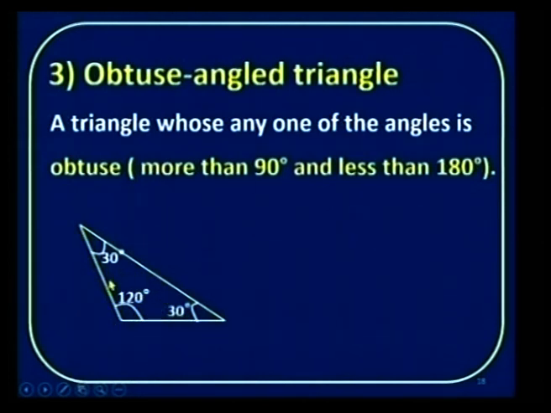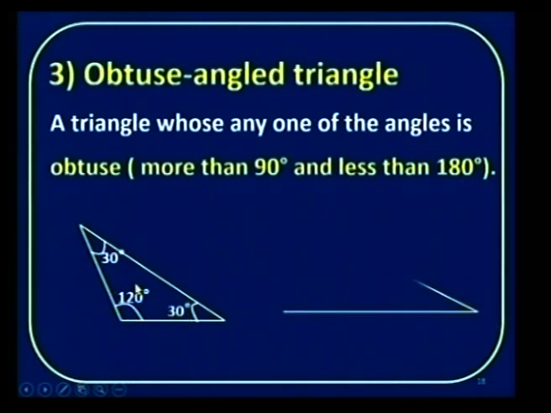Is this 120 degrees an acute angle? No, because it is more than 90. Is this 120 degrees a right angle? No, it is not equal to 90 degrees. Can we call it as an obtuse angle? Yes. Why? It is more than 90 and less than 180. And here two angles are equal. So, it is also called isosceles triangle. So, it is obtuse angle triangle and also isosceles.